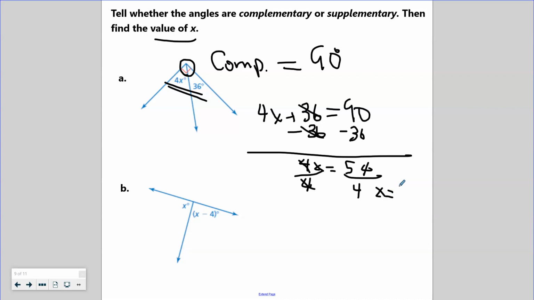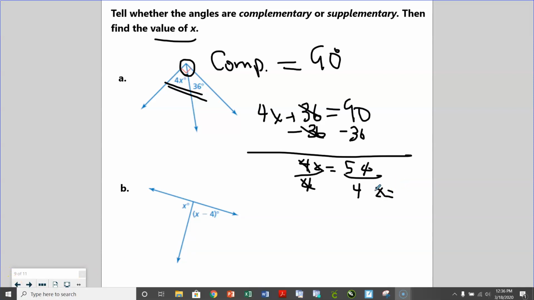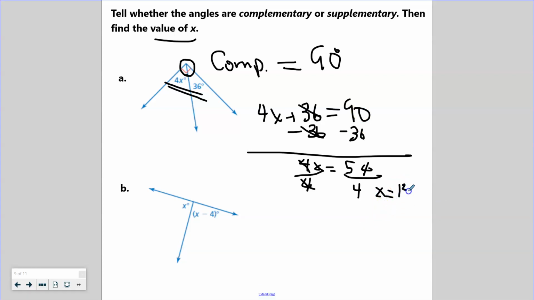No, that's not 16. Hold on a second. All right, so we have x is equal to 13.5.